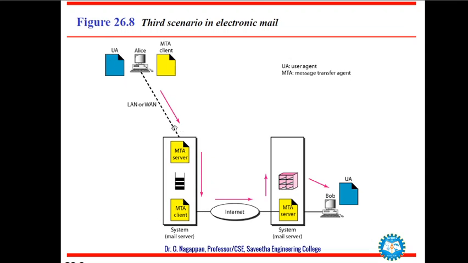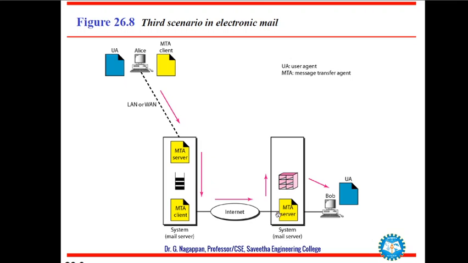So when Alice sends mail through the user agent and MTA client, it has to send its mail through the LAN or WAN to the mail server at the local network, and there the MTA server receives it and queues it to the MTA client to pass it on through the internet.